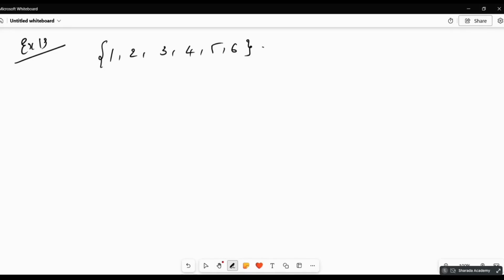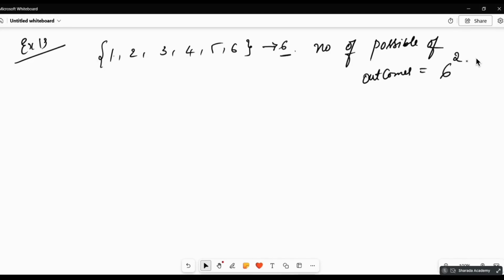For one dice the possible outcomes are 6, and another dice is also 6. If you take both simultaneously, the number of possible outcomes is 6 square, so the total possibility will be 36.